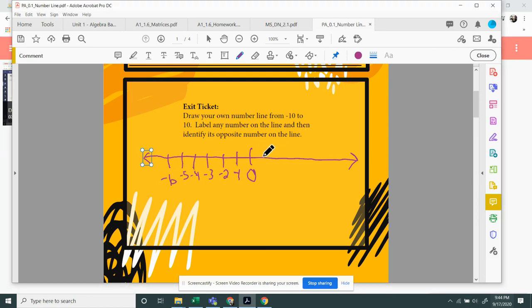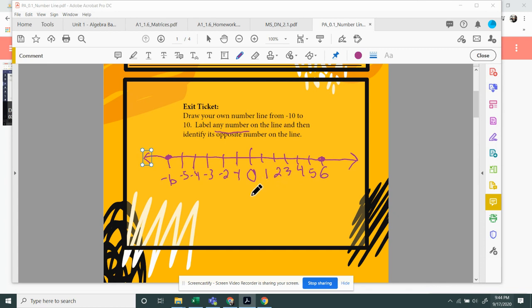And on the positive side, 1, 2, 3, 4, 5, 6. I'll write the numbers. So I'm going to choose, it says any number. So I've chosen 6. So I'm going to label 6, and I'm going to label its opposite, -6. You can choose another number if you like.